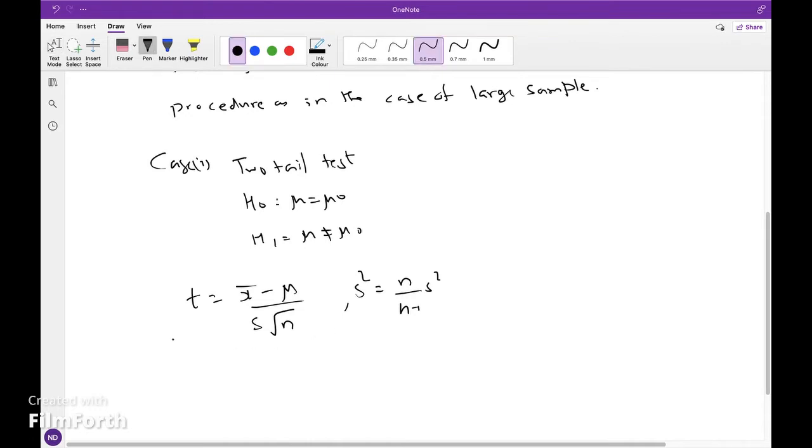This t-test follows t-distribution with number of degrees of freedom n minus 1.